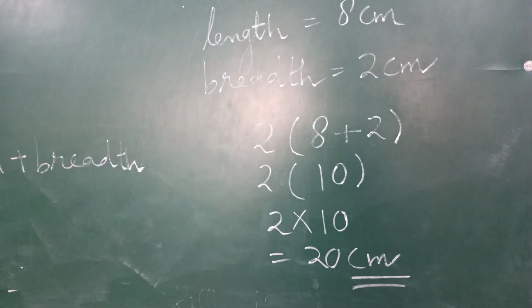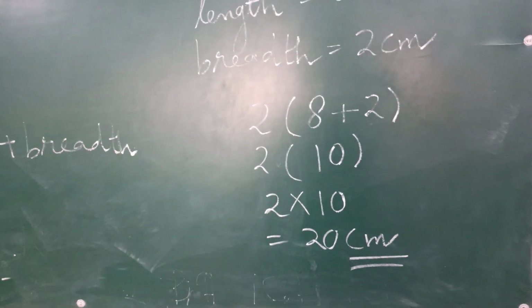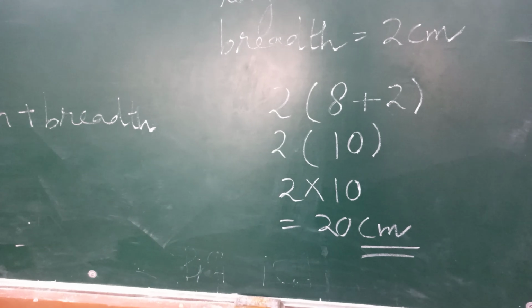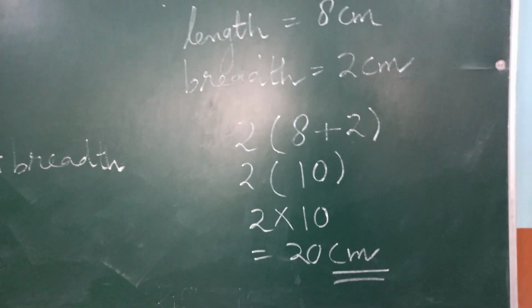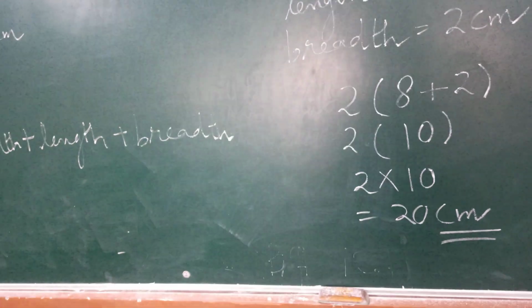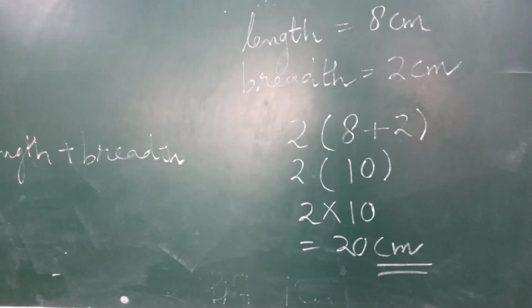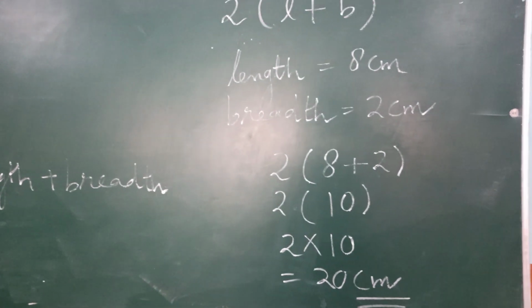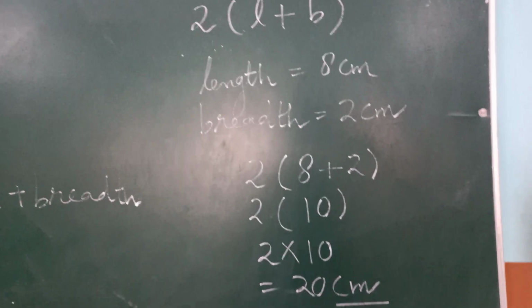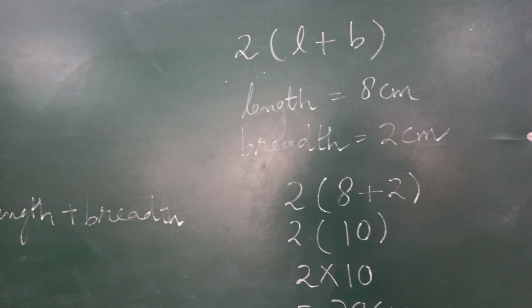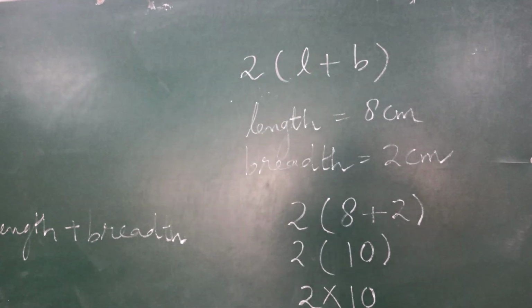So, the moment you see the question where the length and the breadth is given, you should understand that here in this question you have to find the perimeter, or maybe later on when we will do the area, you will come to know that in area also you have the length and the breadth given whenever we talk about the rectangle.